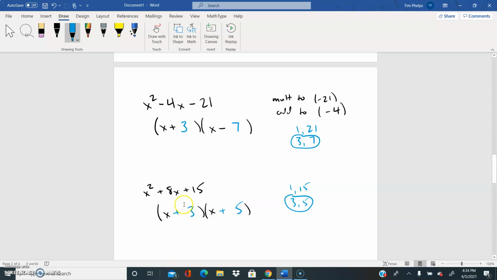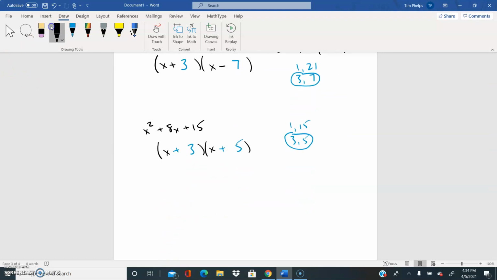So hopefully this helps. Actually, I'll do one more before I stop. So let's look at x squared plus 10x minus 24.